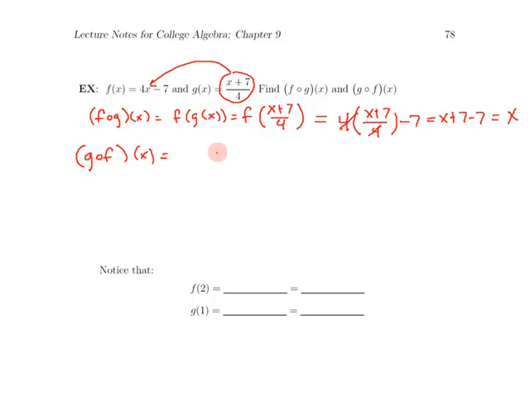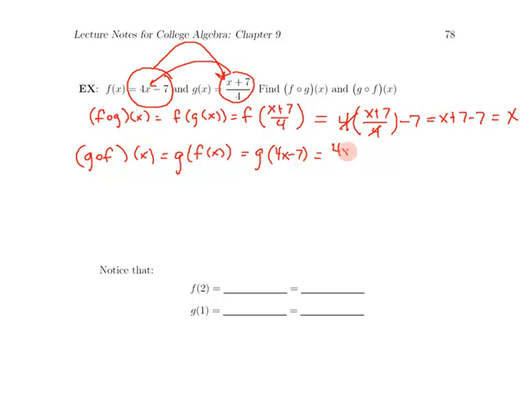G composed with f. Now you're not always going to get the same answer. Like we saw in the previous example, we got two different formulas when we did f composed with g and g composed with f. So we have to check and see if we get something different here. G composed with f is g of f of x, which is g of 4x minus 7. Now that means I'm going to take 4x minus 7 and stick it in for x here.